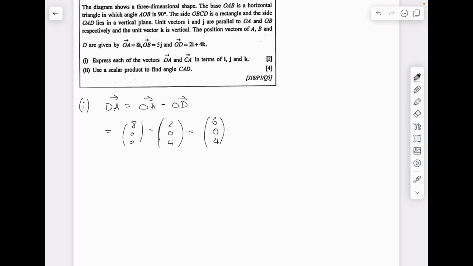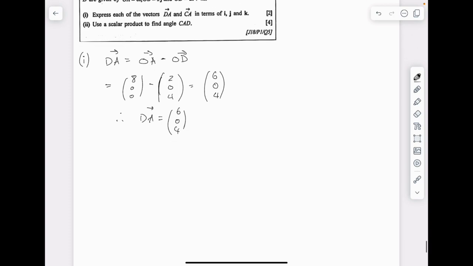So I can therefore say that DA is equal to 604. Pretty simple standard question.